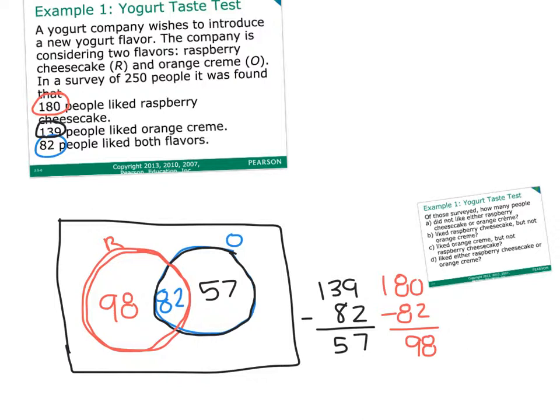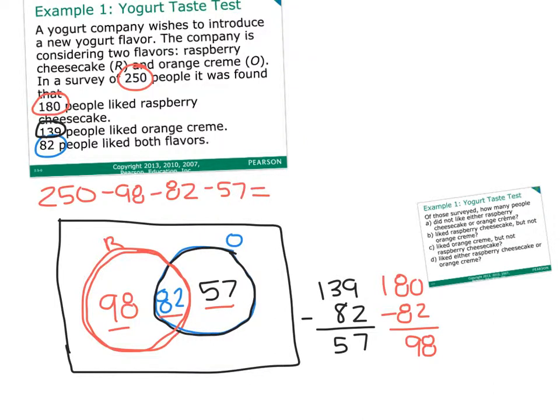And then you have to see if anybody is going to land on the outside of the circles. Surely, of the people surveyed, maybe some of them didn't like either the raspberry or the orange. So in that case, you have to take your 250 people that were surveyed, and you have to deduct everybody that's already been counted in the circle. So you've got to deduct the 98 that like only raspberry, you have to deduct the 82 that liked both, and you have to deduct the 57 that only liked the orange.